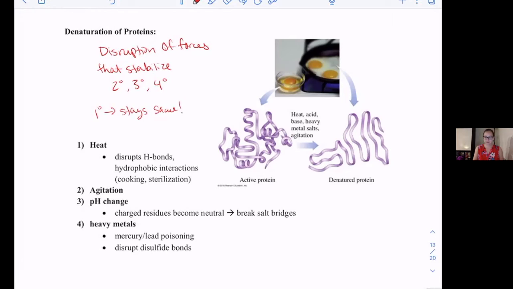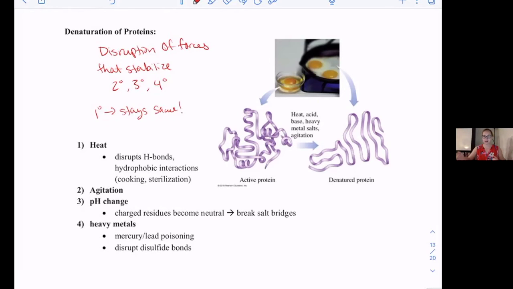For example, in a visual context, an active protein, such as in this egg, is going to have a particular structure with all of these alpha helices and beta sheets, a very particular structure to it. And then when you heat it, add acid, base, heavy salts, all these things we're about to talk about, you denature the protein.